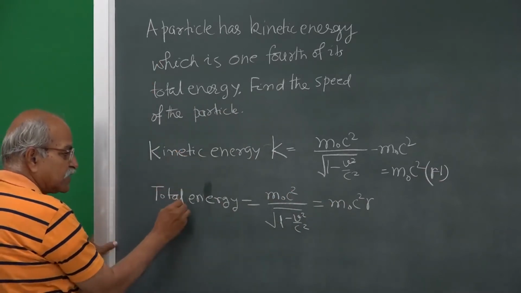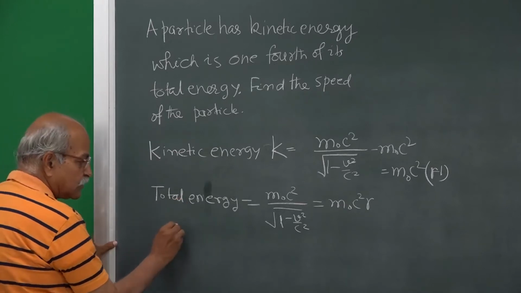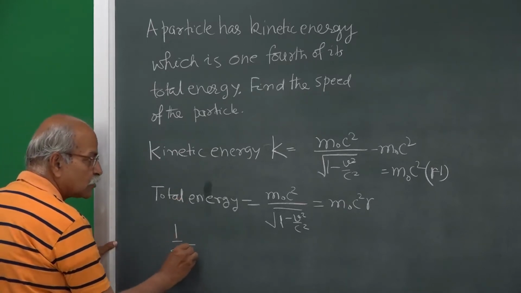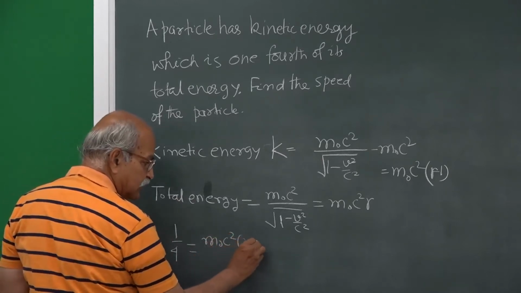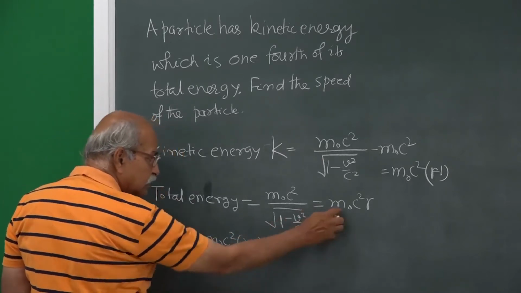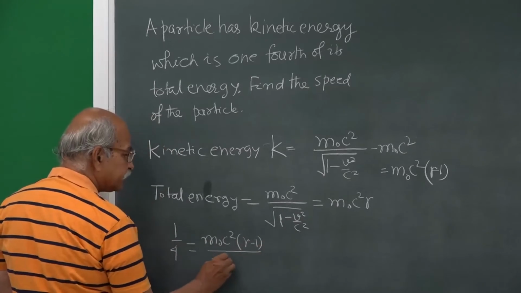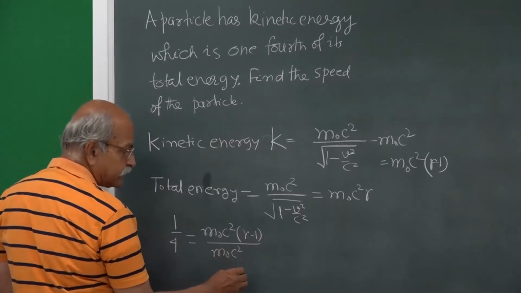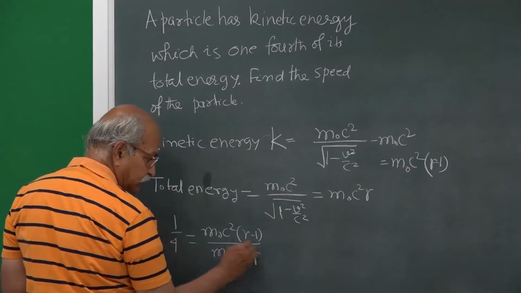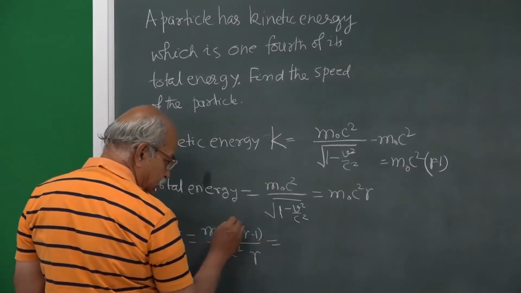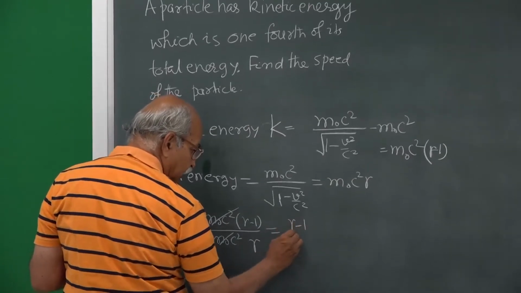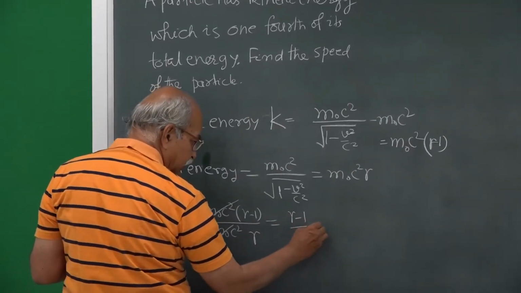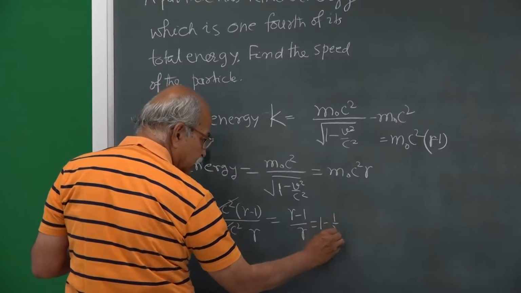So, this divided by this should be 1/4, and hence 1/4 should be equal to m naught c square, gamma minus 1, divided by m naught c square gamma. So, this cancels out, gamma minus 1 divided by gamma, that is 1 minus 1 by gamma.